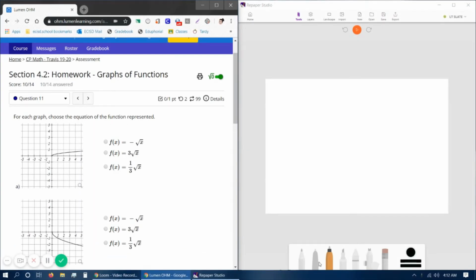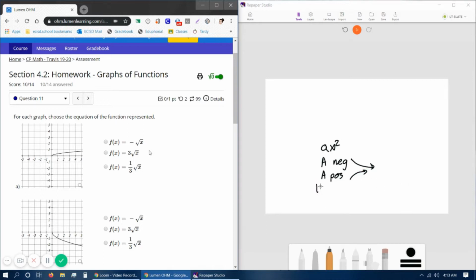Question 11 wants us to match three functions in the form of f of x equals a times the square root of x. Similar to question 4, there are some rules I can follow to help me match the correct function with the correct graph. If a is negative, the graph will have a curve going down. If a is positive, the graph will have a curve going up.